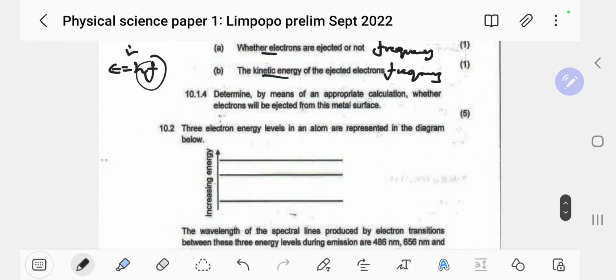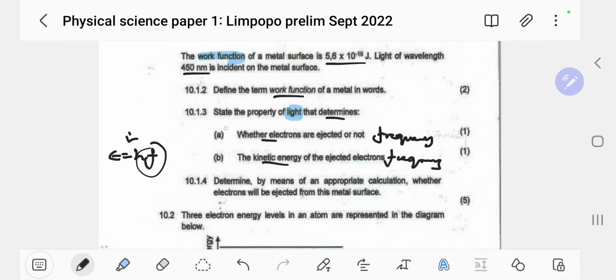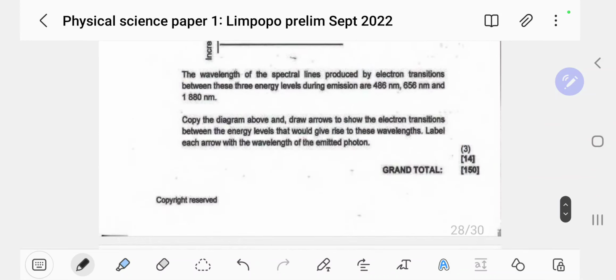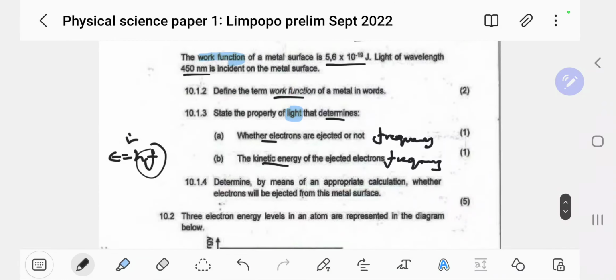Alright, determine by means of an appropriate calculation whether electrons will be ejected from this metal surface. Now that means we need to find the energy of the photon. So we have the wavelength, which we can use to calculate the frequency, but we don't really need to calculate the frequency anyway. This is now 10.1.4.